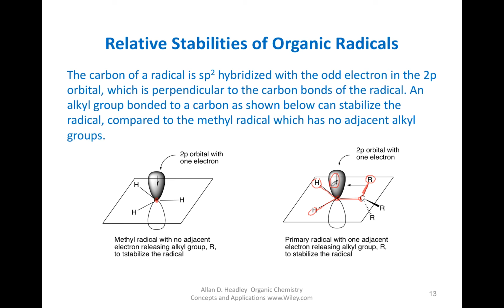So those bonding electrons will have an influence on the stability of this odd electron. So this primary radical is a bit more stable than your methyl radical because of the possibility of these single bonded electrons, or two electrons, being adjacent, right beside the p orbital that has just one electron.